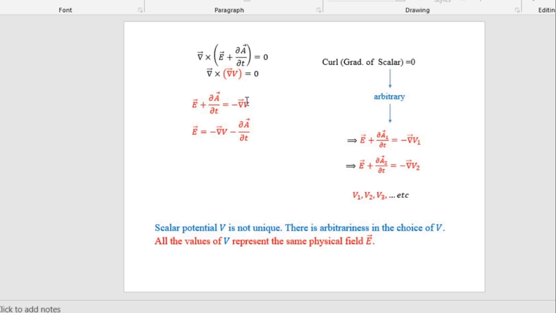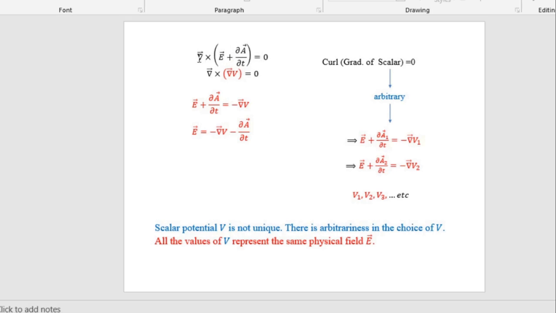Or in other words, we can take any arbitrary value of this scalar potential, say V1, V2, V3, etc. They will all be connected to the original equation, or in other words they will all be connected to the same electric field E.